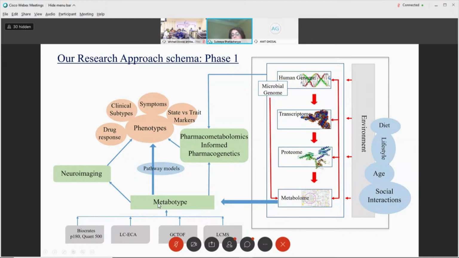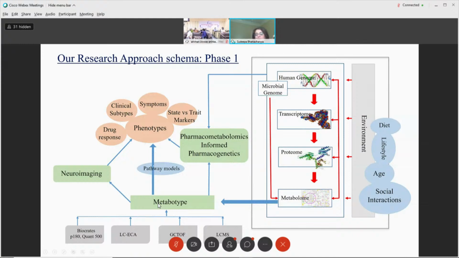So we are collecting all this metabolomics data, and that is linked to the neuroimaging data. And we are using metabolomics-guided genetic studies to get informed about genetic variants in these patients. And altogether, we are building pathway models.